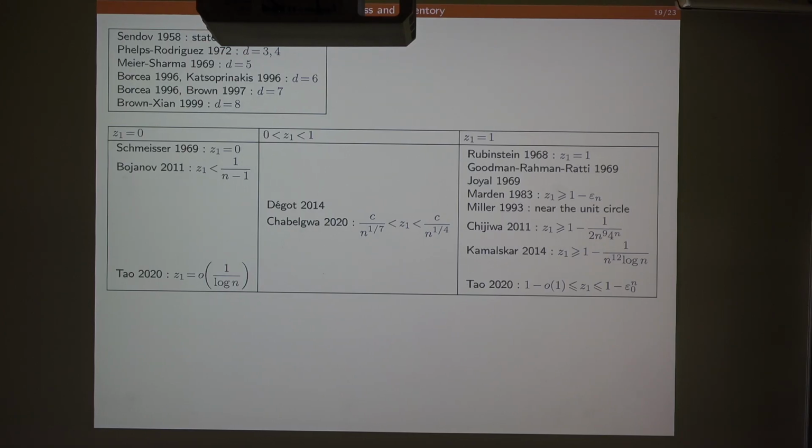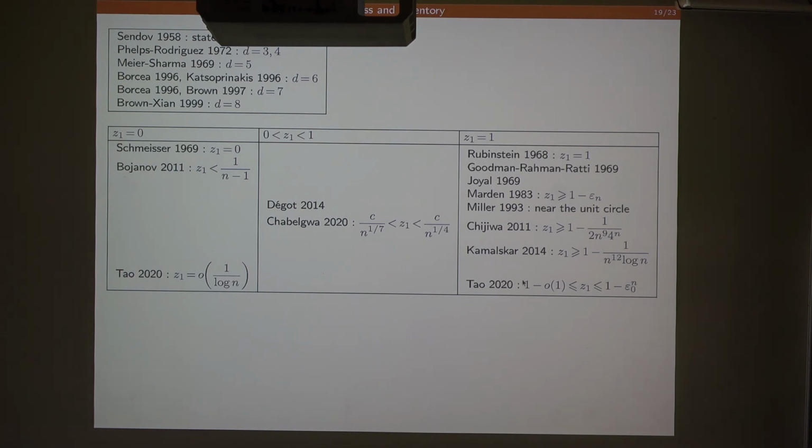But he used probability theory and defined a law of probability on the roots of the polynomial and the roots of the derivative. In this way, he proved first, in this regime, that the conjecture holds when Z1 is small, little o of this quantity.